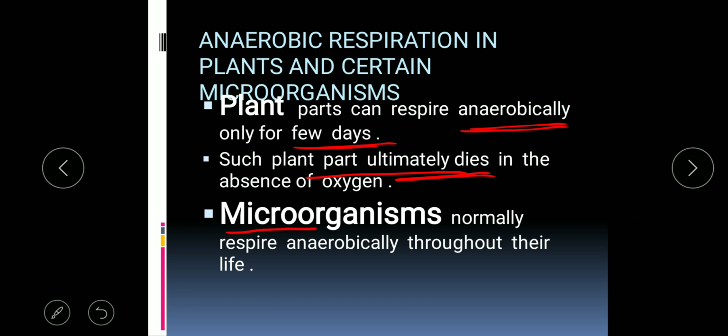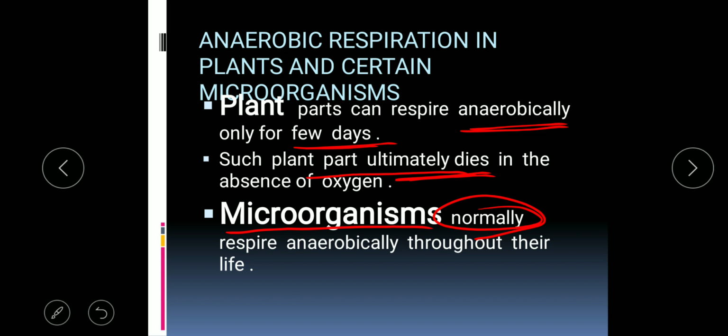Whereas microorganisms normally respire anaerobically throughout their life, because in due course of evolution on this earth, oxygen was not found in the free state; it was found in the combined state, like water and carbon dioxide.